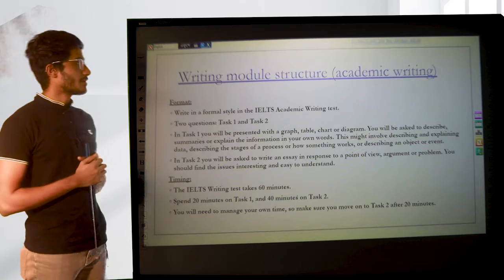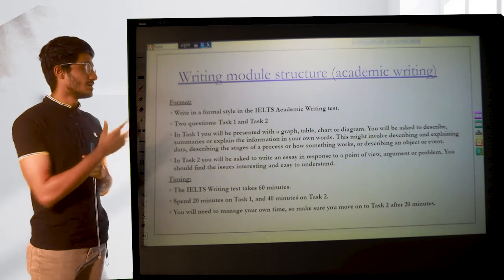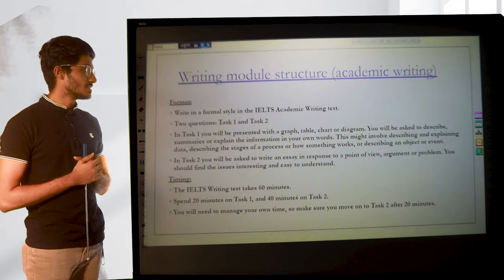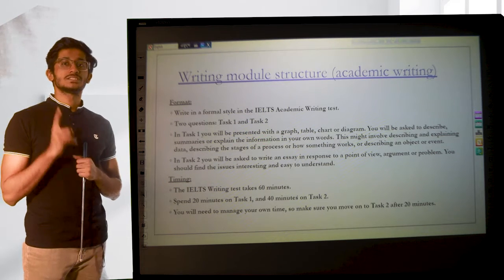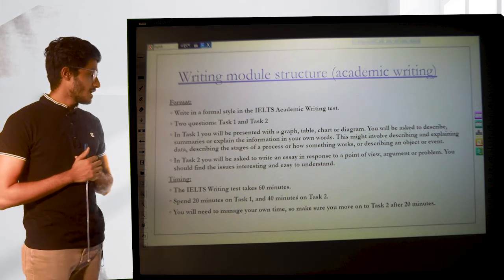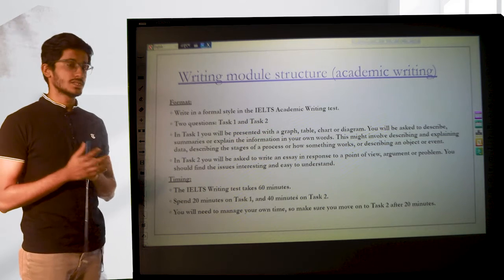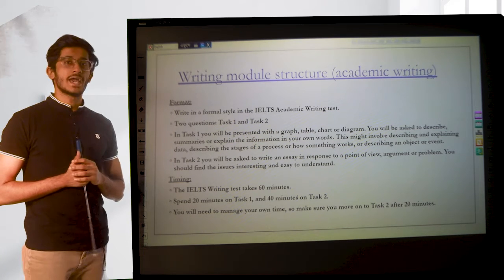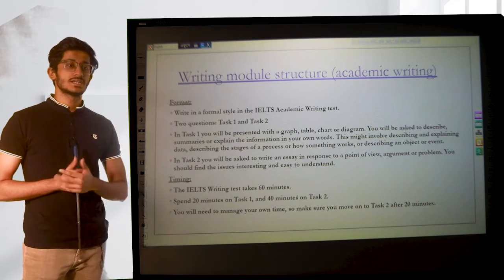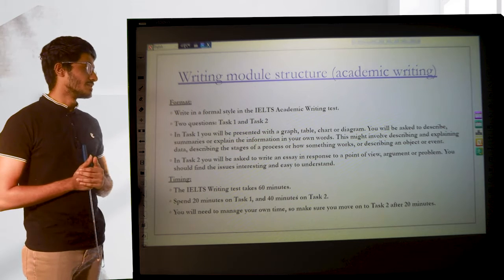For the academic writing, the module structure is a formal style of writing, and there are going to be 2 questions, Task 1 and Task 2. In Task 1, you will be presented with graphs, tables, charts, or process diagrams, and you will be asked to describe the details and make comparisons where relevant.